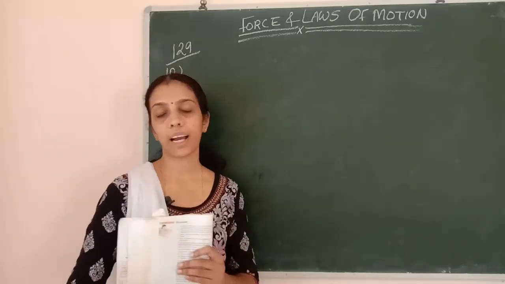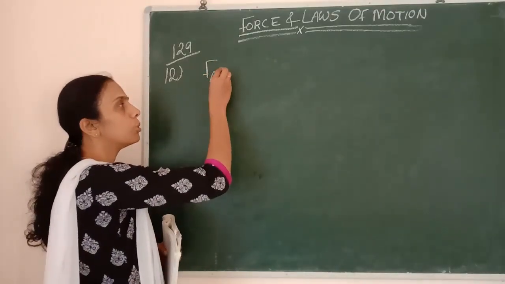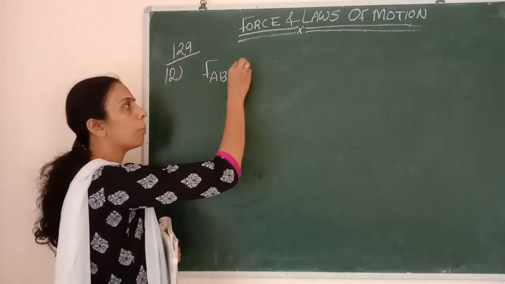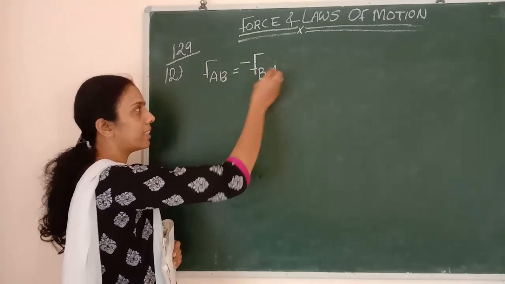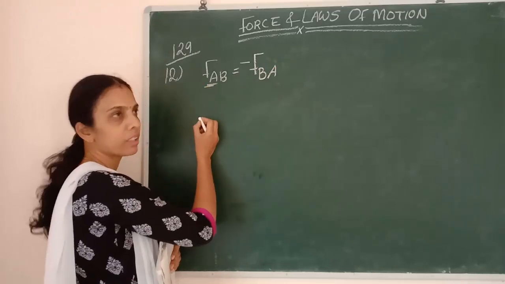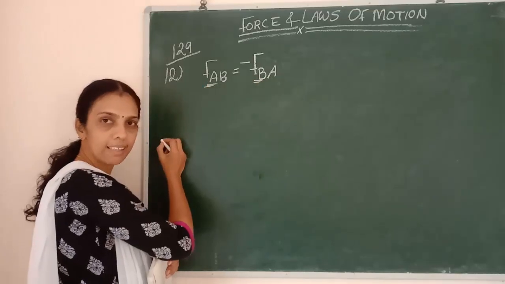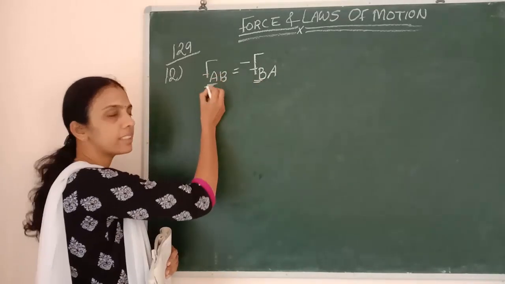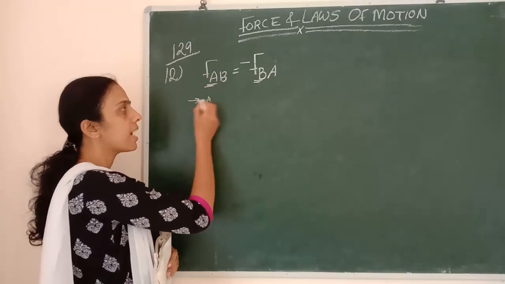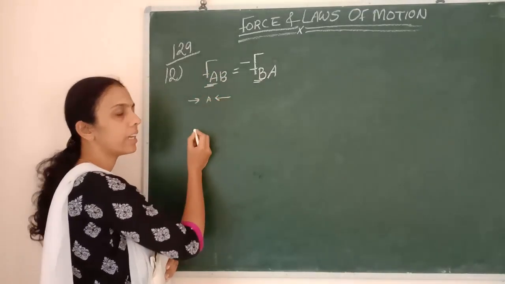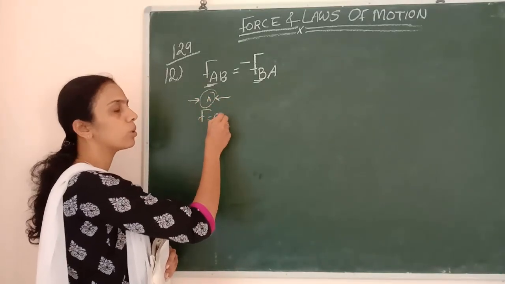The force acting on A due to B will be equal to minus the force acting on B by A. Here the force is acting on A, here the force is acting on B. Then how will they cancel? If two forces act on A from opposite directions, then the total force becomes equal to 0.